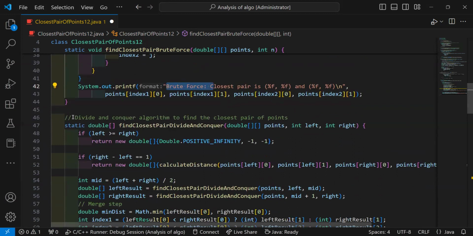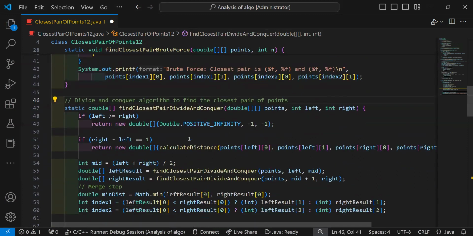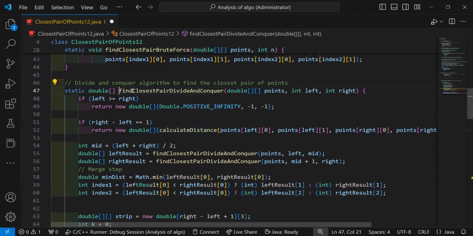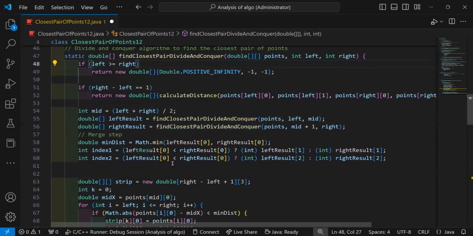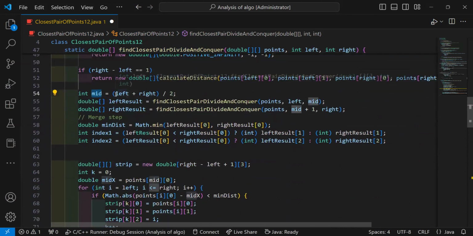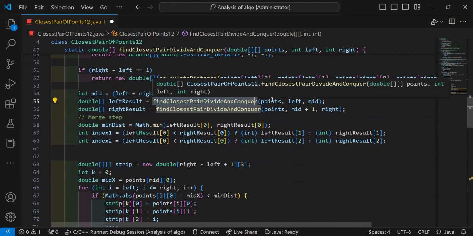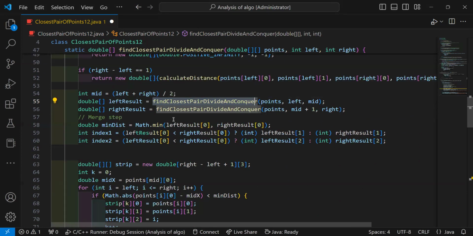Let's move on to the next algorithm, which is divide and conquer. In this algorithm, I used the find closest pair divide and conquer method. This method starts by dividing into two halves by using the mid variable, which is left plus right divided by 2. It calls the find closest pair divide and conquer method with the points left and mid for the left result, and for the right result it has the points mid plus 1 and right.